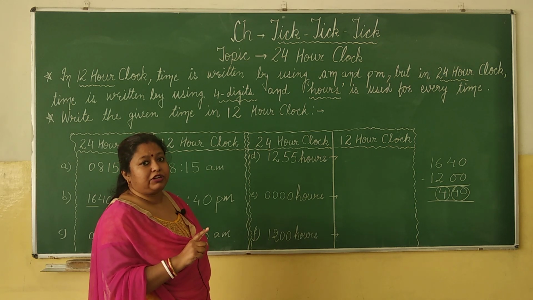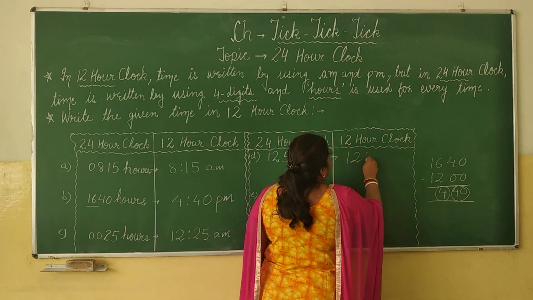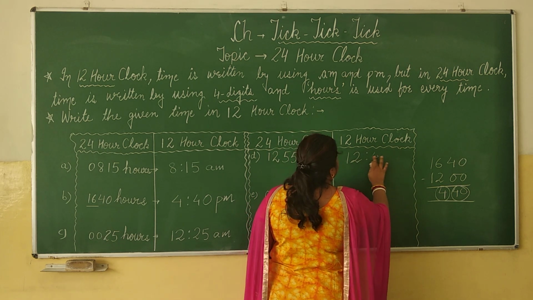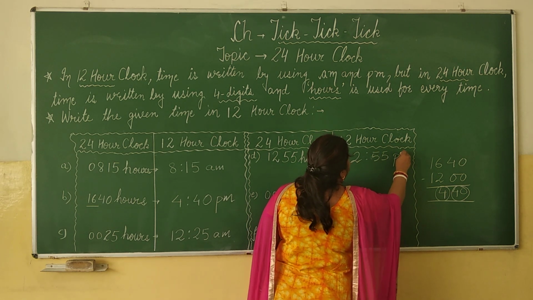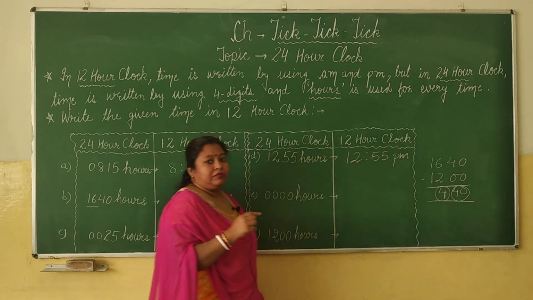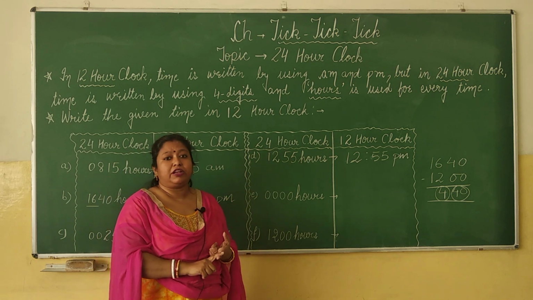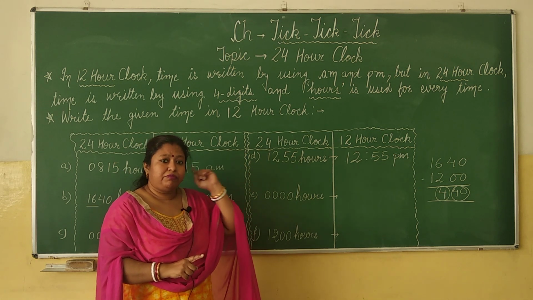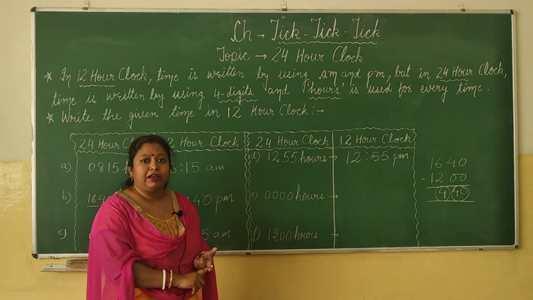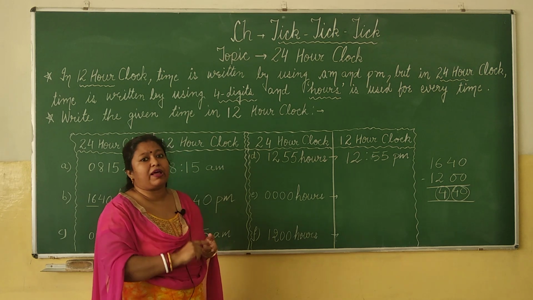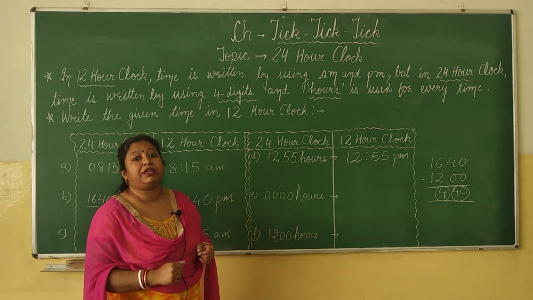Although it is more than 12, we will write 12 as it is, followed by the minutes, and we will write PM here. You have to just imagine, children, that this will come after noon. When the clock strikes 12 during daytime, it is 12 noon. After 12 it is 12:55, so that is 12 PM. That is 12:55 PM, children.